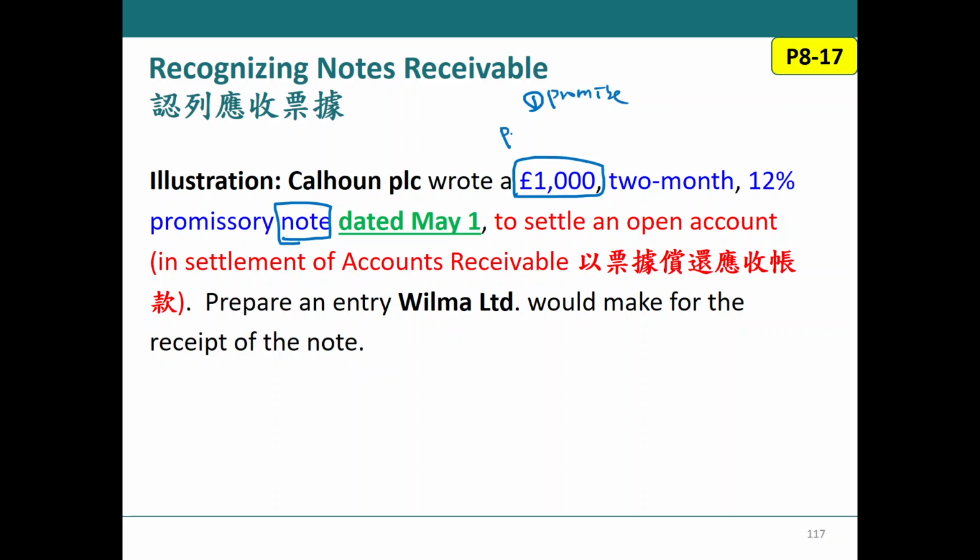About the principal, 本金。They promise to pay you money, $1,000. When? 2 months, right? So second promise, maturity date. 到期日。And remember, nothing for free.